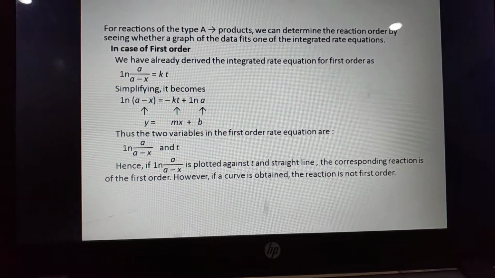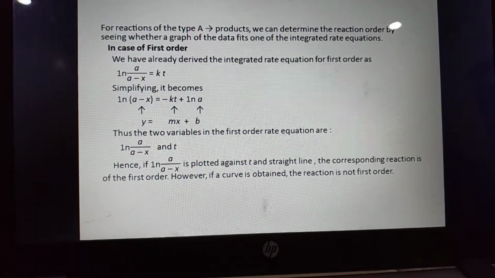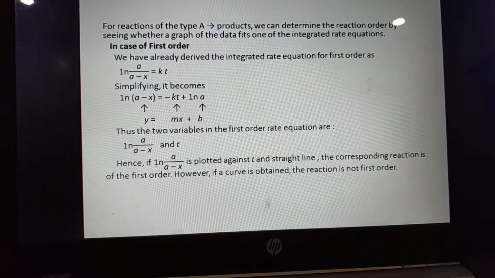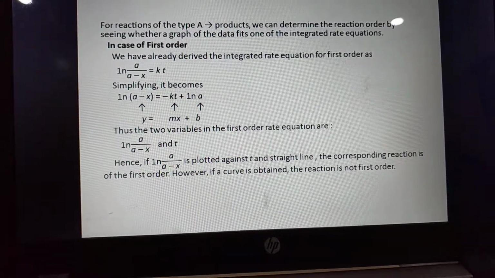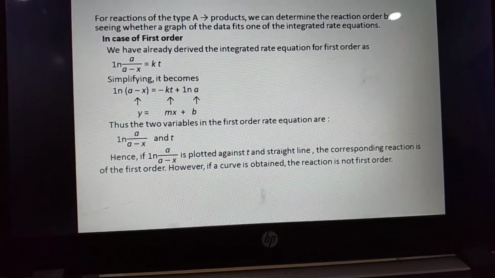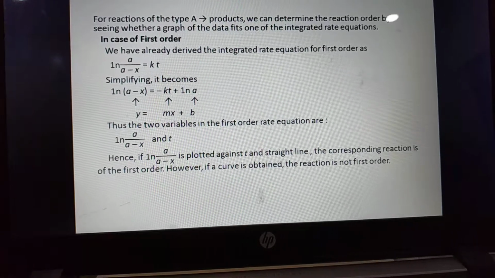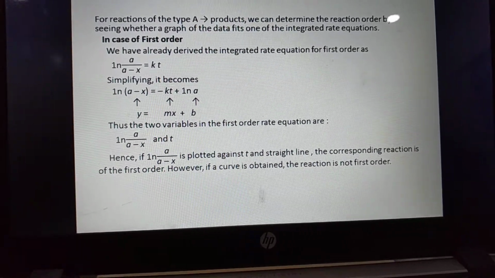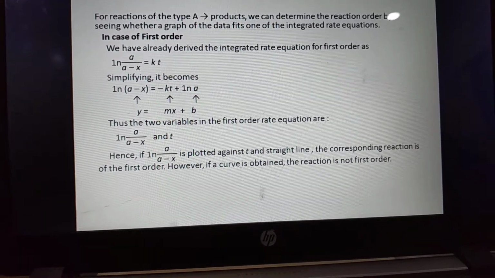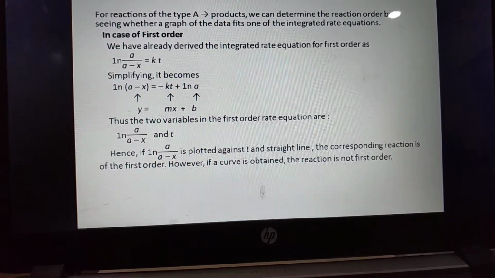Simplifying, it becomes log (a minus x) is equal to minus kt plus log a. Here, in the linear equation y is equal to mx plus b, y is log (a minus x), x is t, and the slope m is minus k, minus the rate constant, and b is log a.